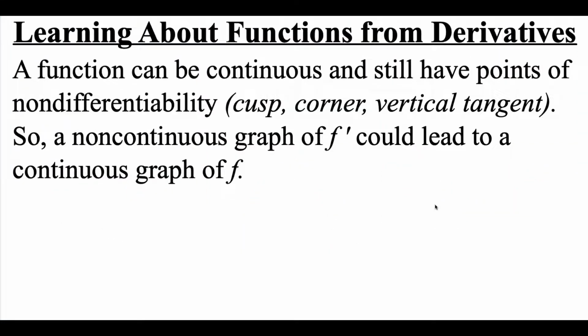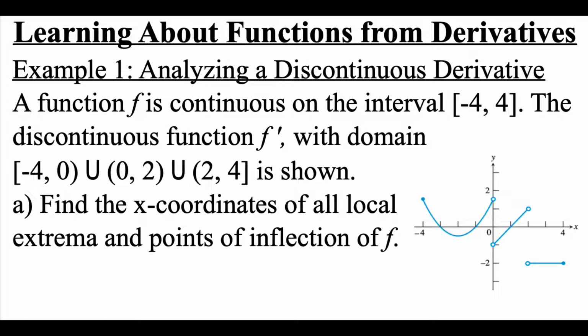Now, one thing we do want to keep in mind is that a function could be continuous and still have points of non-differentiability if there's a cusp or a corner or a vertical tangent. So we might have a non-continuous derivative, but that could lead us to having a continuous graph for our function f. So in this example, we're going to be taking a look at a discontinuous derivative. So here's what we know.